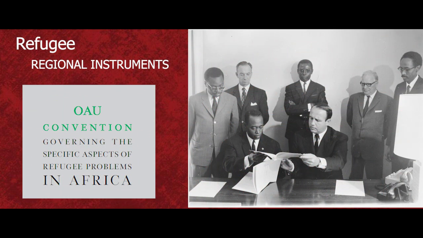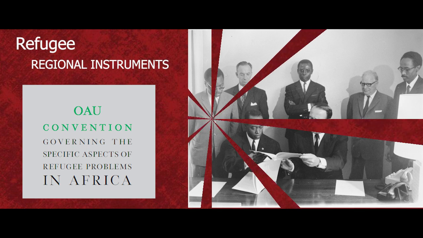Sometimes the term refugee is used to encompass a broader group of people. For instance, the 1969 Organization of African Unity Convention governing the specific aspects of refugee problems in Africa includes individuals that are defined as refugees under the 1951 Convention, but also extends the definitions to include other individuals.